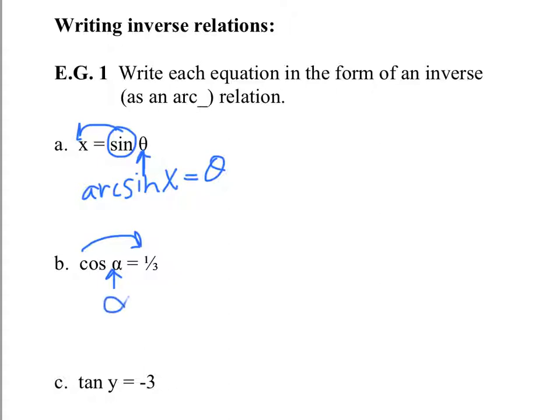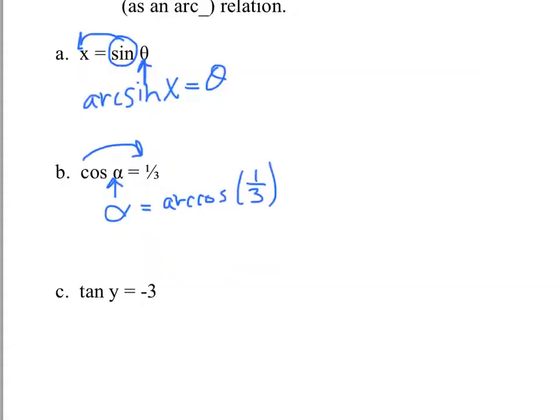We're going to have alpha equals arccosine of 1/3. Tangent of y equals -3. If we're isolating that angle value there, y equals arctan of -3.